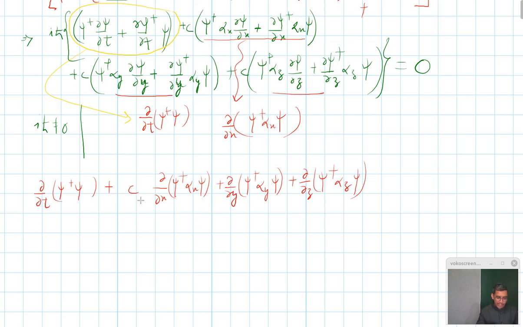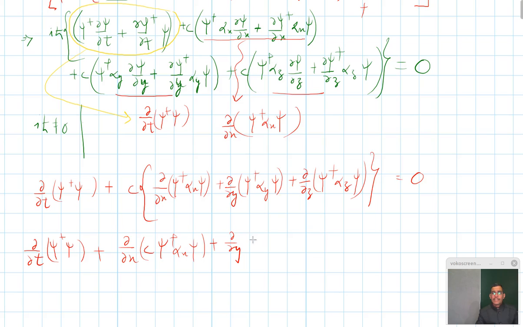They can be put like this, and c is common to all, and this is equal to 0, and that means it can be written as curly over curly t and psi dagger psi plus curly over curly x c psi dagger alpha x psi plus curly over curly y c psi dagger alpha y psi plus curly over curly z c psi dagger alpha z psi, and this is equal to 0.